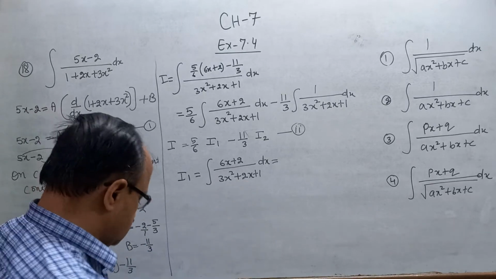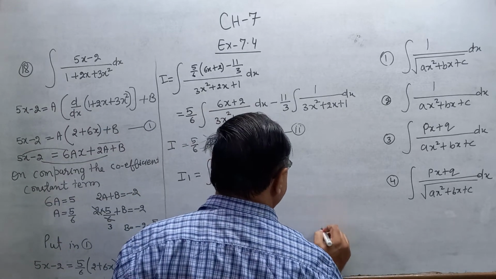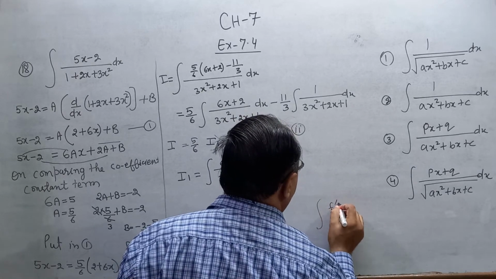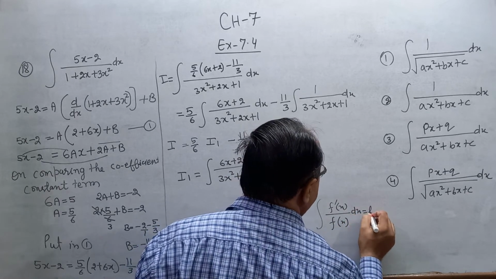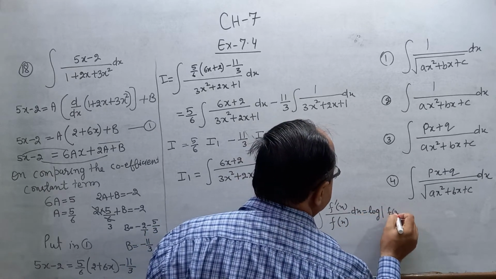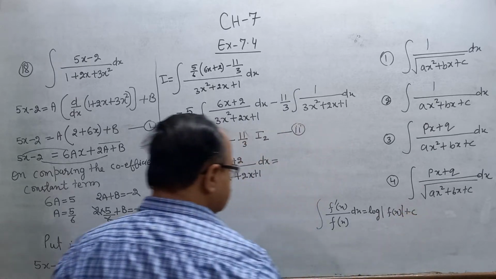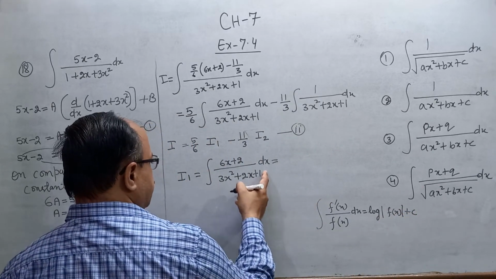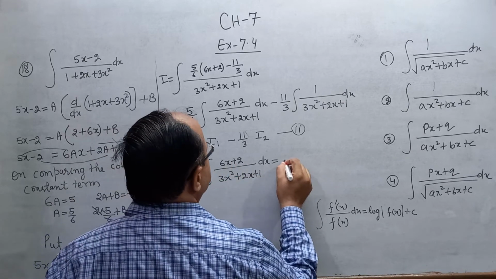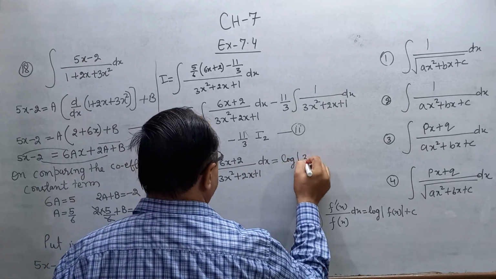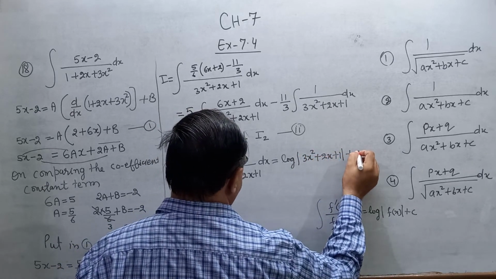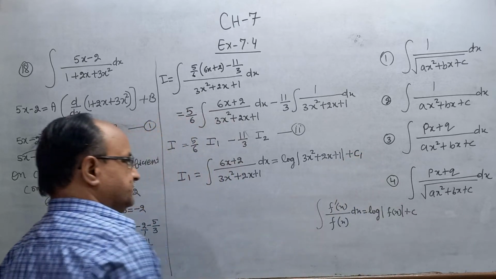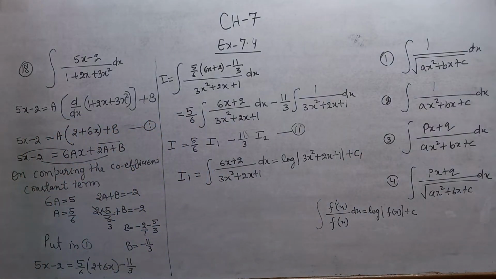Apply this formula directly: you can write log of f of x, because the derivative of the denominator is the complete 6x plus 2. So directly you can write log of 3x square plus 2x plus 1 plus c1. Clear? This is the solution of this part.